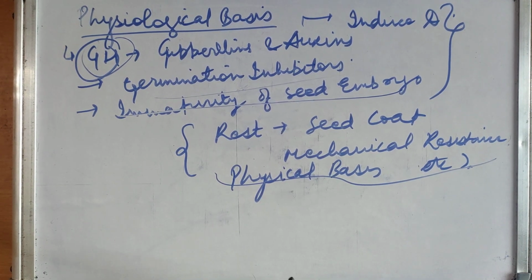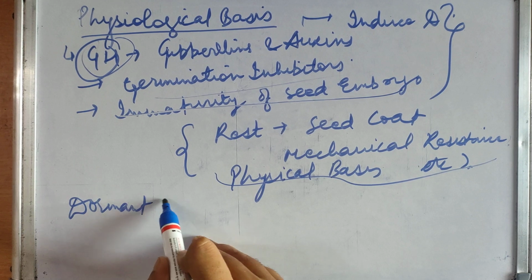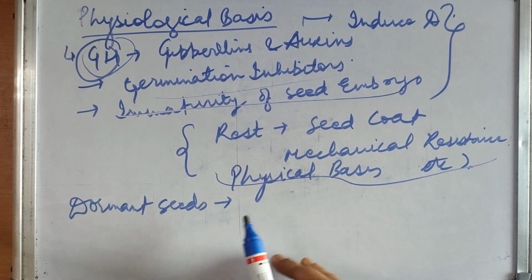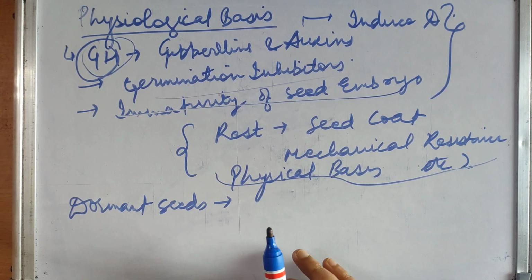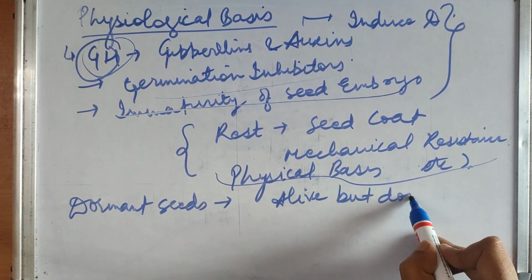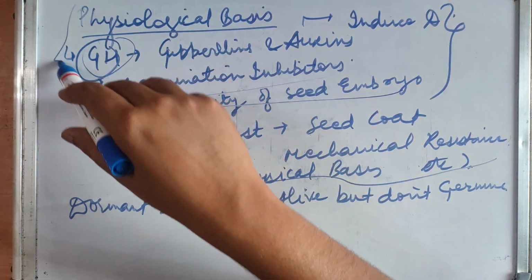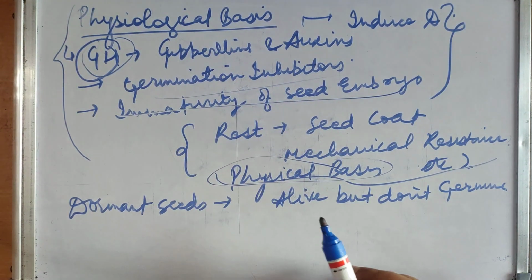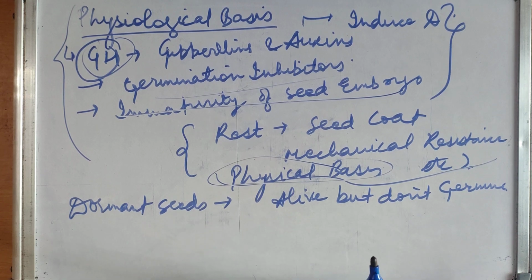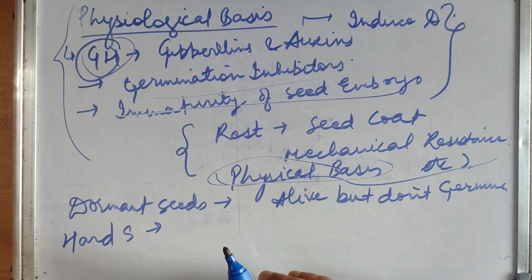Now, there are two kinds of seeds: dormant seeds and hard seeds. You must understand the difference. Dormant seeds are those seeds that are alive but do not germinate, because of these physiological reasons or some physical reasons. But hard seeds are a type of dormant seed that has a seed coat impermeable to water.